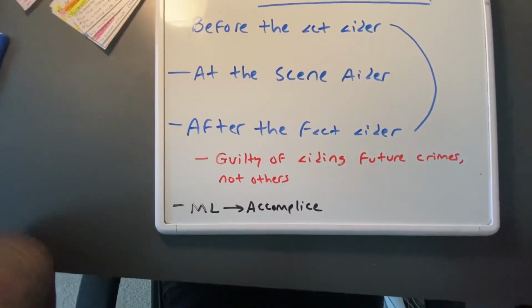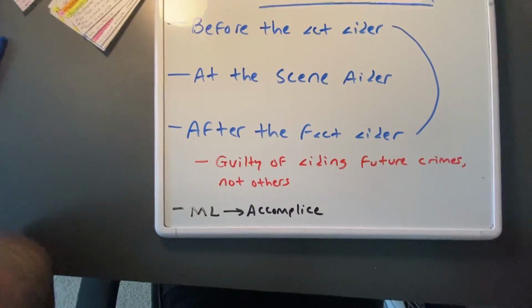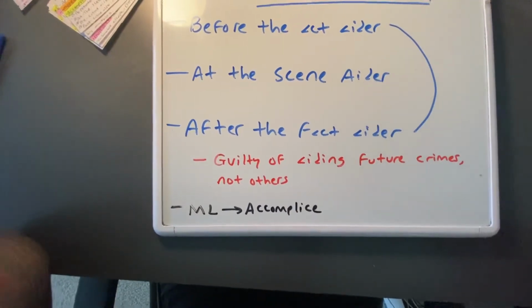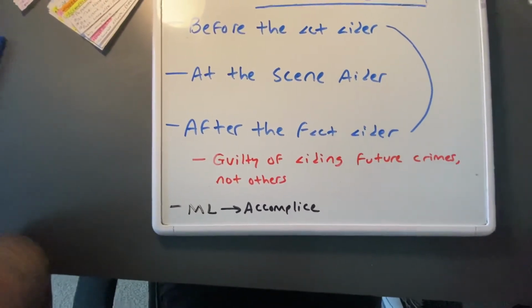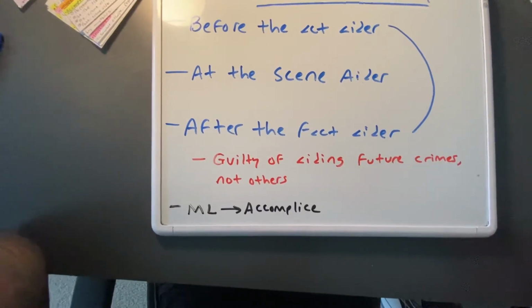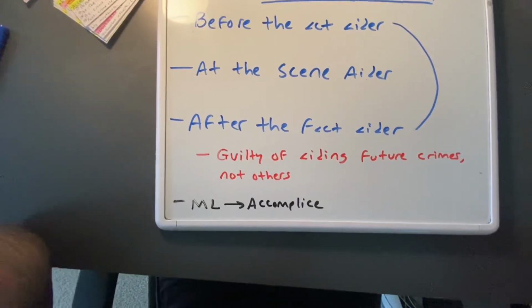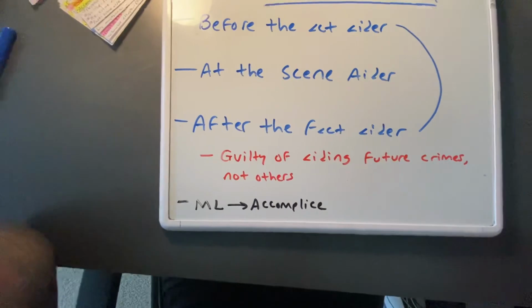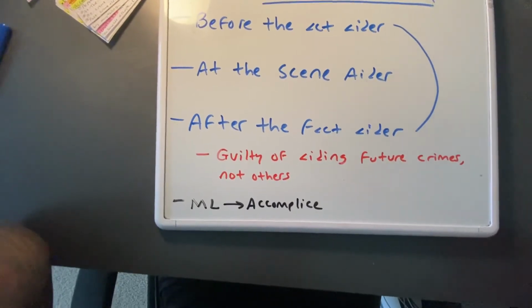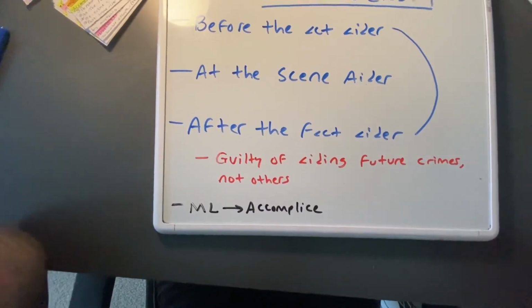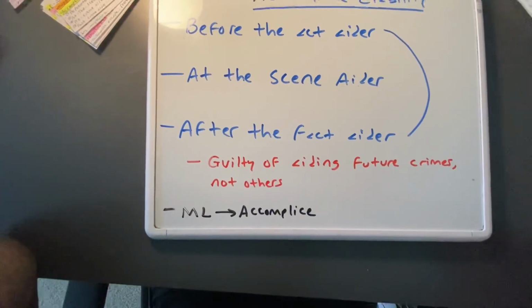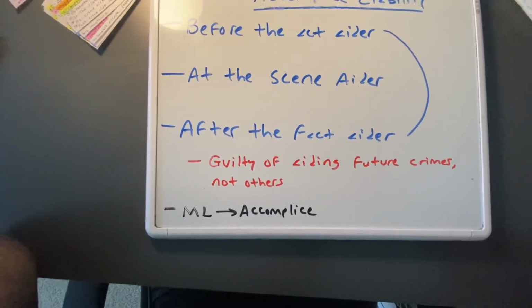I will become an accomplice in that situation, and I'll be the after-the-fact aider because I helped Kevin after he committed the crime. That's why it's called after the fact. And I'm still an aider because I helped Kevin stay in my home, and I told him, hey buddy, I'm going to help you out for this period of time in order to get away from the cops.